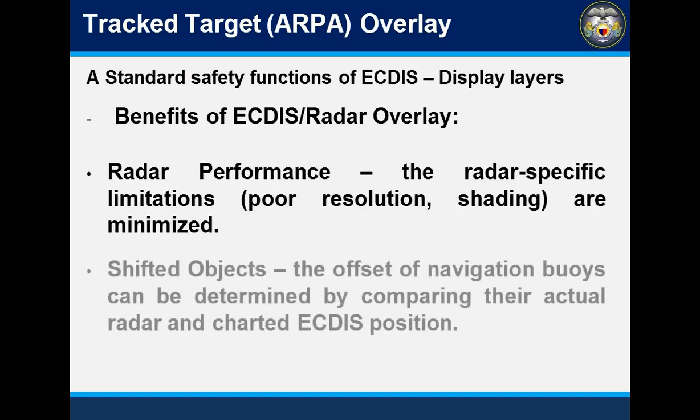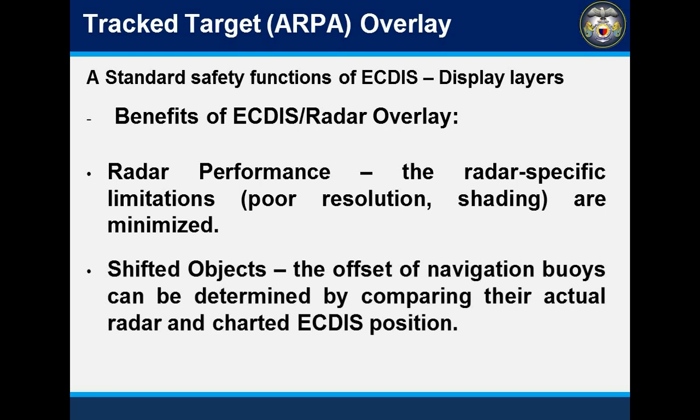Another benefit is the radar performance, the radar specific limitations, such as poor resolution and shadings, are minimized. So mas nakikita mo ngayon sa radar, sa ECDIS, yung napipick up ng radar kung ano talaga yon. And shifted object, the offset of navigation buoys can be determined by comparing the actual radar and charted ECDIS position.